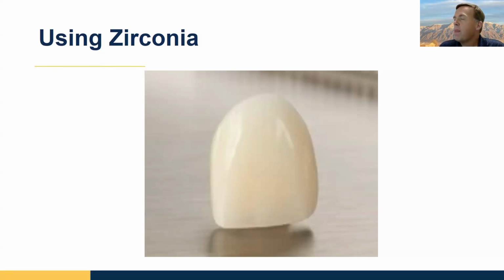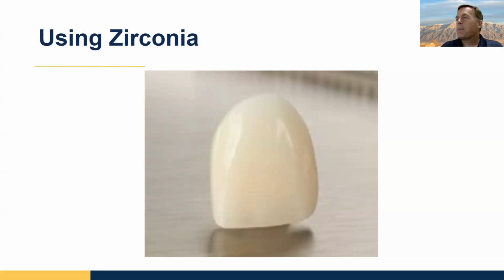So what I would recommend when you're working with your laboratory and you want to prepare yourself to handle these kind of aesthetic cases is don't start practicing on an aesthetic case. What I would do is talk to your laboratory and say, hey, what options do you have in zirconia? And then take some cases that aren't necessarily high aesthetic cases, but go ahead and take your set of photos that you normally take and sample all the different materials.